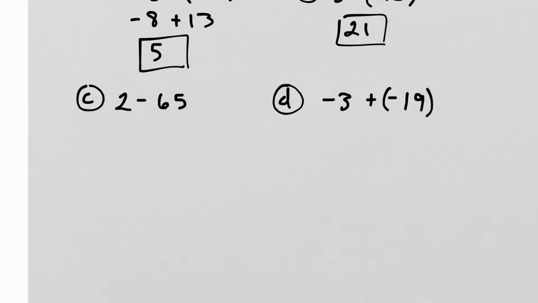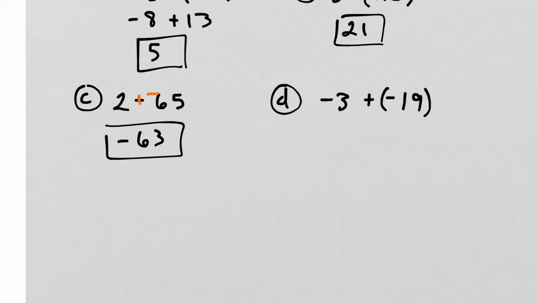So I would do plus a negative 65. So I have 65 negatives and 2 positives. So that means 2 of the positives will cancel out with 2 of the negatives, and I'll get 63, but a negative 63 because this one's bigger. A bigger negative, or a larger quantity, except negative.